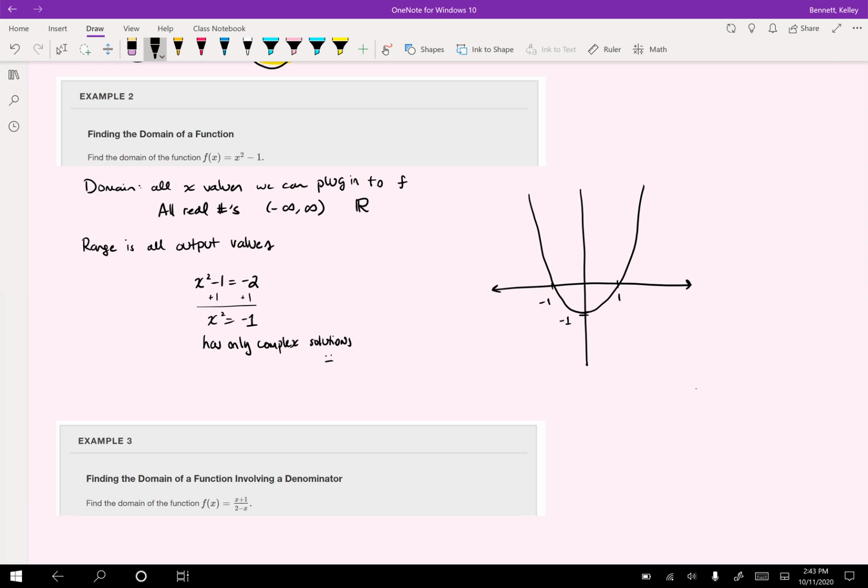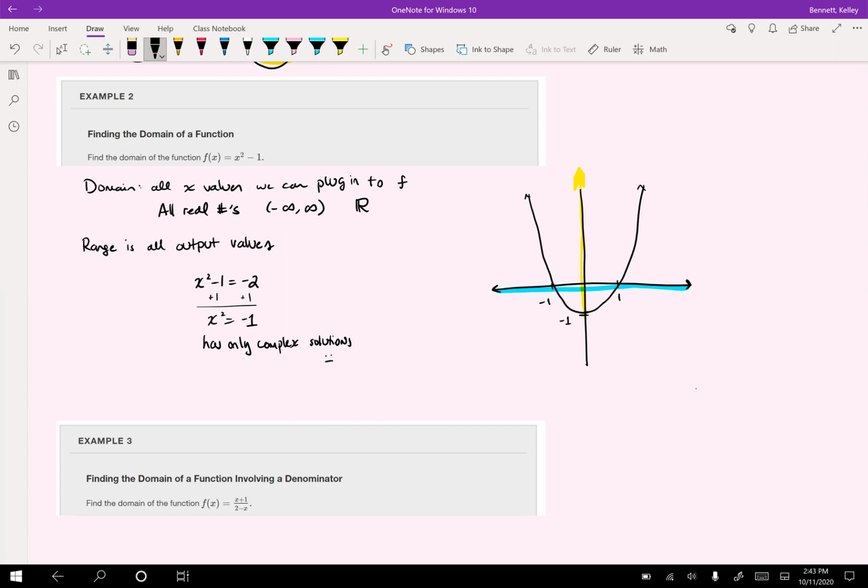But really what you want to do is you want to think of the domain as all the possible x values that you could plug in. And you want to think about the range as all the possible y values that come out. And so we can see here that the lowest height is -1. But everything above -1 is going to be available to us here, right? Because these will continue upward and onward forever.